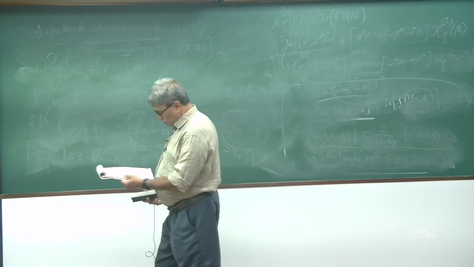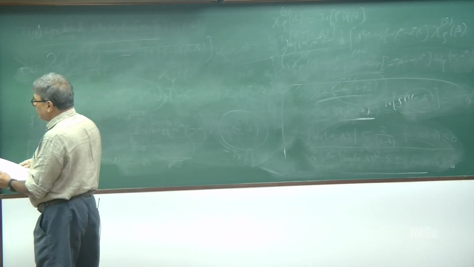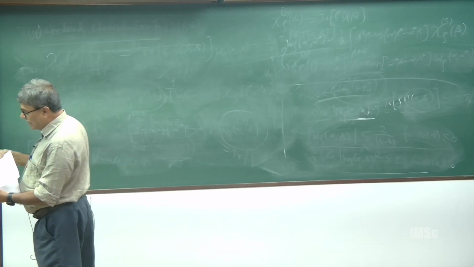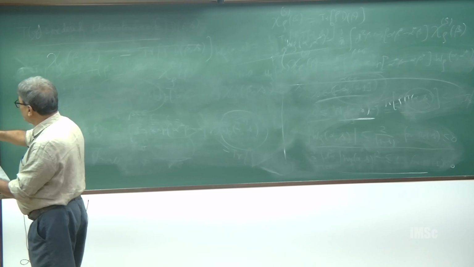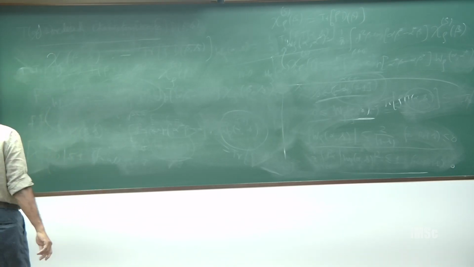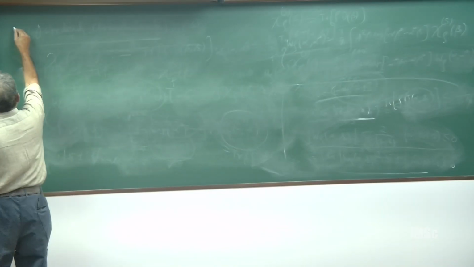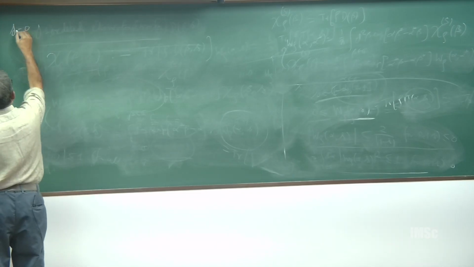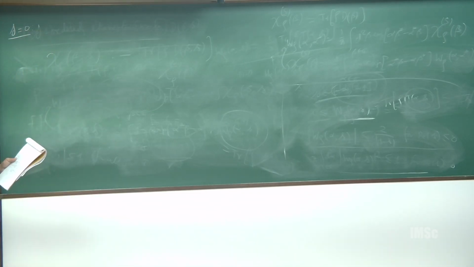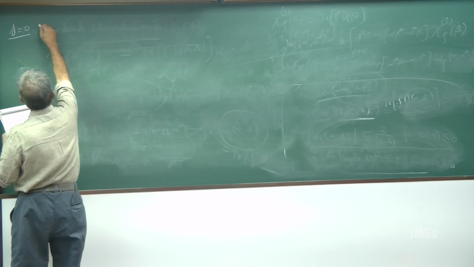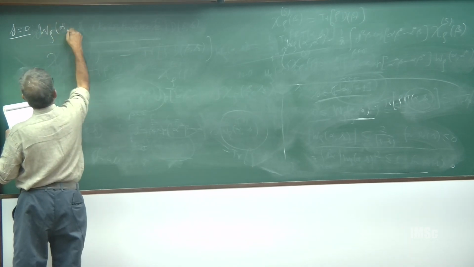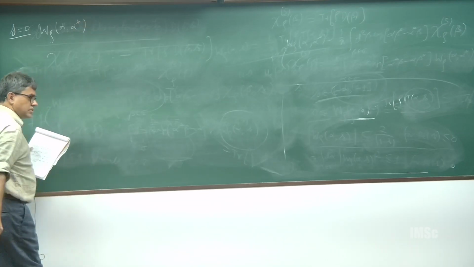Okay. So, now if I take the specific examples of normal ordering, anti-normal ordering, etc., then you can see that, let us say the s is equal to 0 case, which is the Wigner distribution. So, w rho alpha alpha star is my Wigner distribution function.